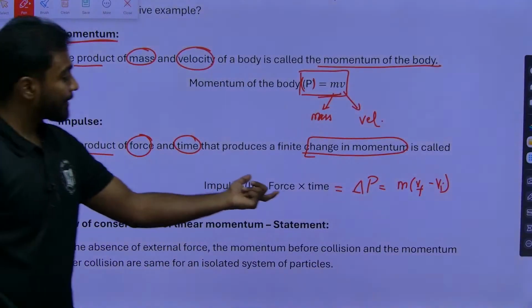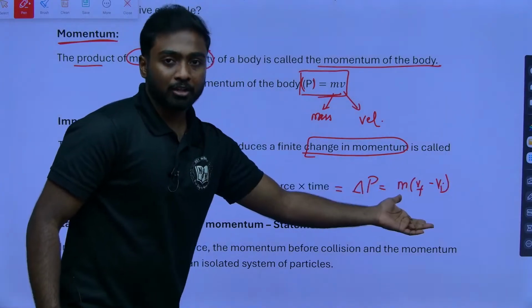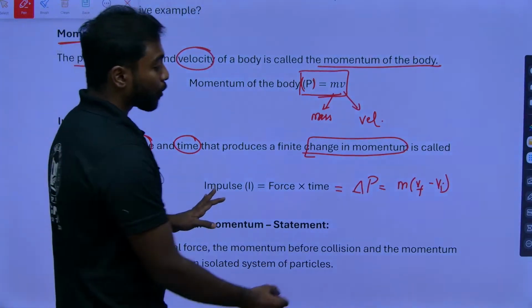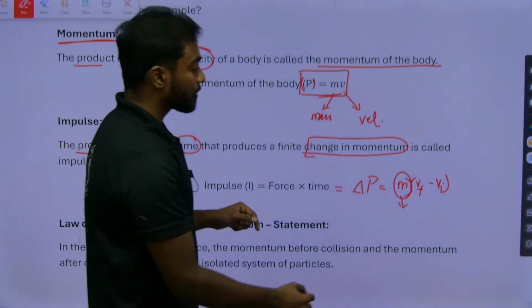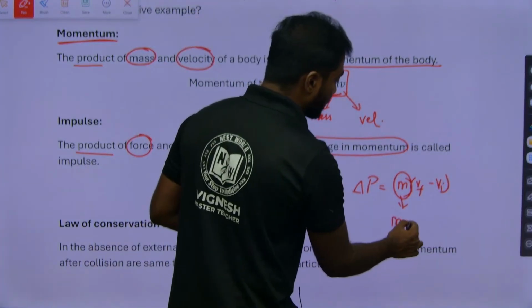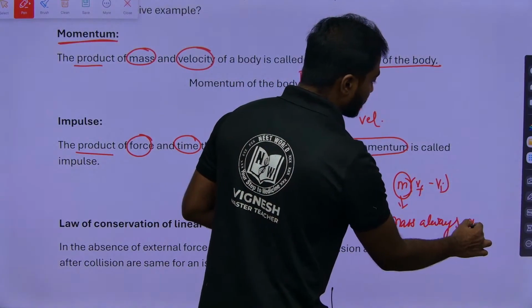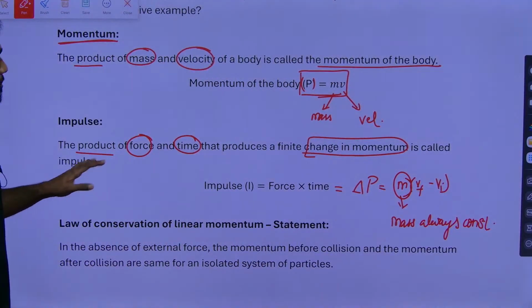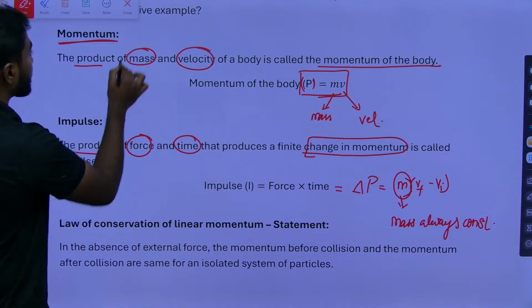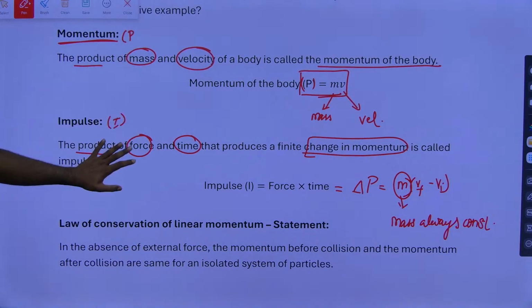So either we can write force into time or mass into change in velocity. Mass is always constant, it doesn't change. This is denoted by the symbol I and this is denoted by the symbol P. This is about momentum and impulse.